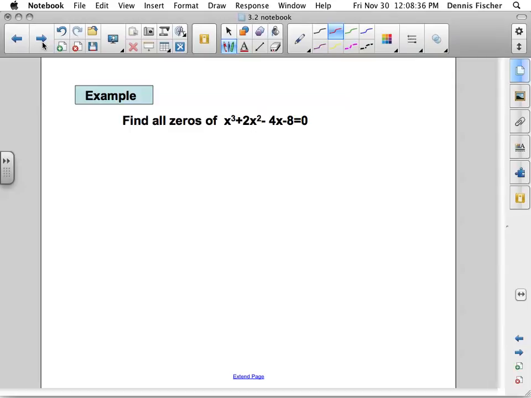Page 322, 1 through 49 odd. What do you want handed in? 30. Just 30? 30 is fine. You want this handed in? Yep, basket. Put your homework in the basket. Fourth basket right here.